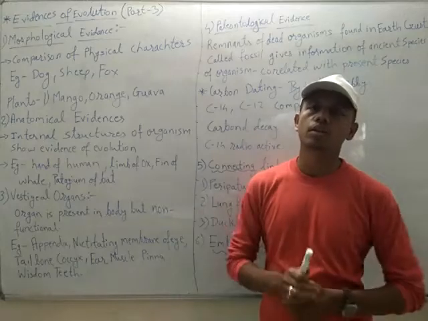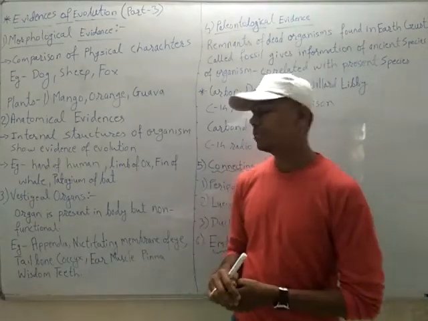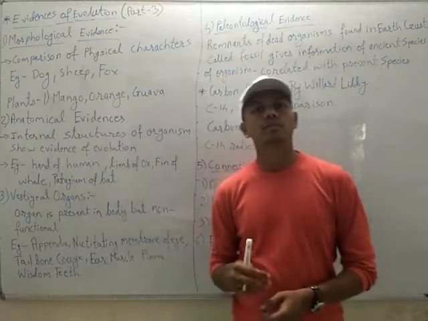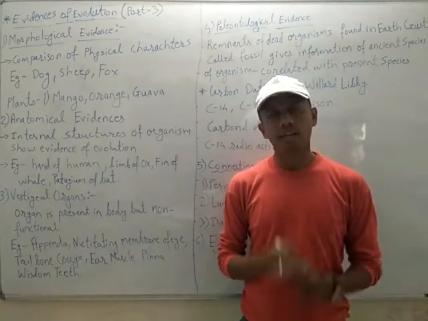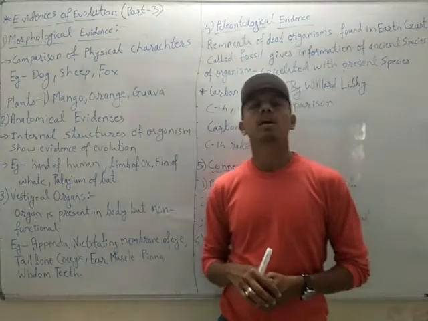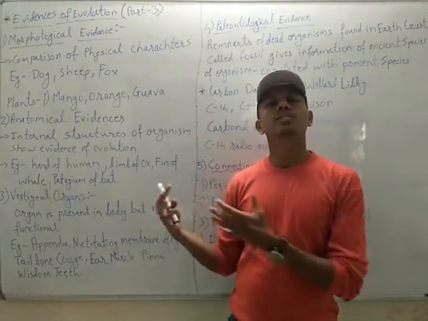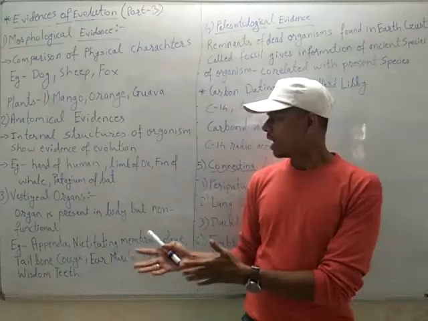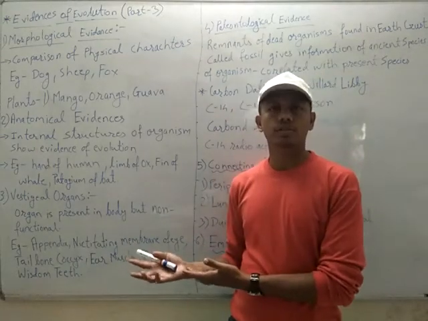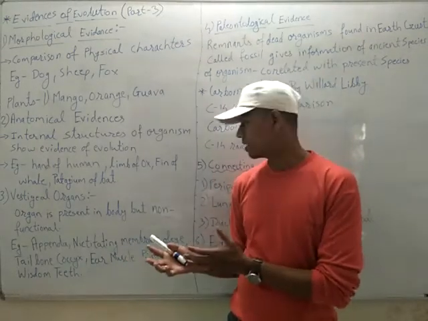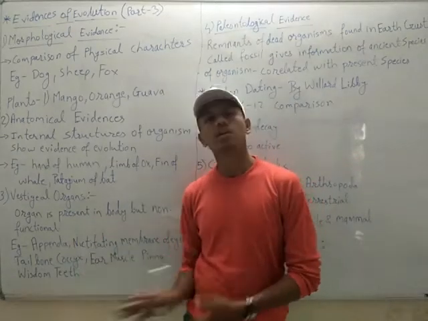They are non-functional organs. And why does this degeneration occur? Because the organisms don't use these organs now. Why don't they use these organs now? Because they have evolved and adapted to changed environmental conditions, and for that they need new adaptations, development of new body characters. That is why these old functions or old organs are degenerated.